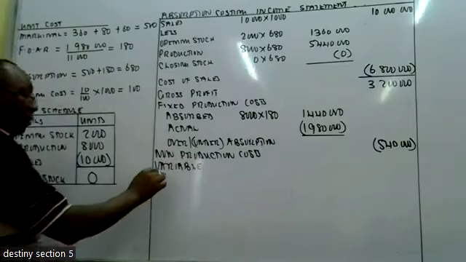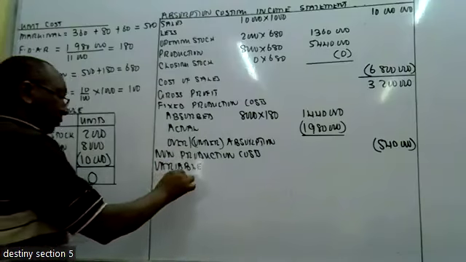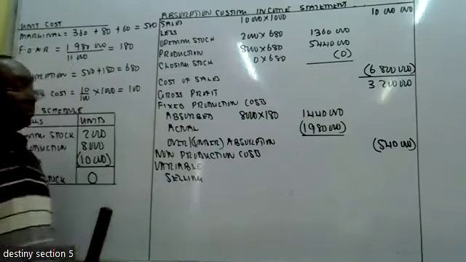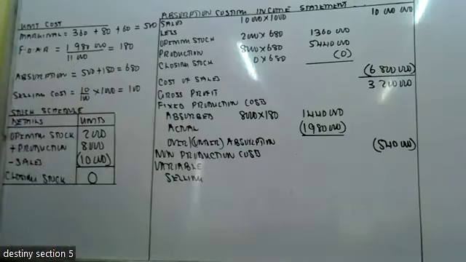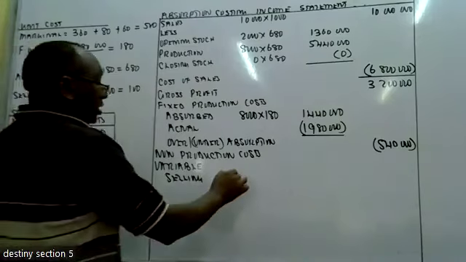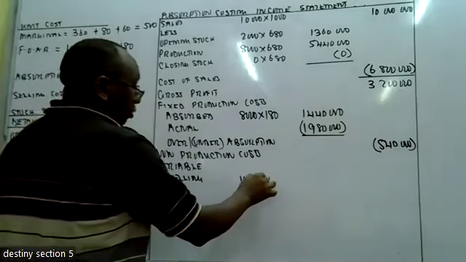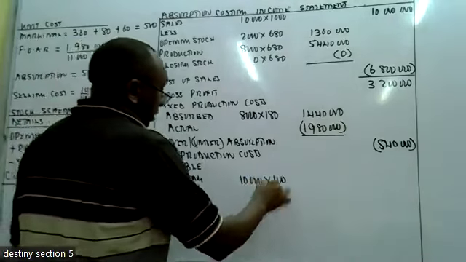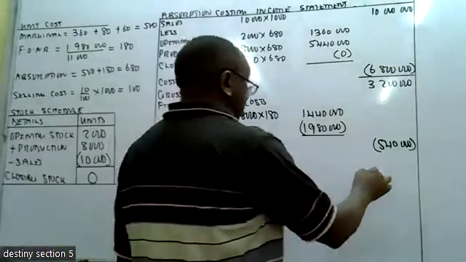So the variable, we have one called selling. So, sasa utachukua the unit sold 10,000 multiplied by 100. So that is a million.